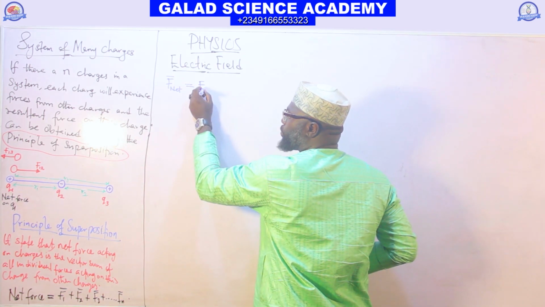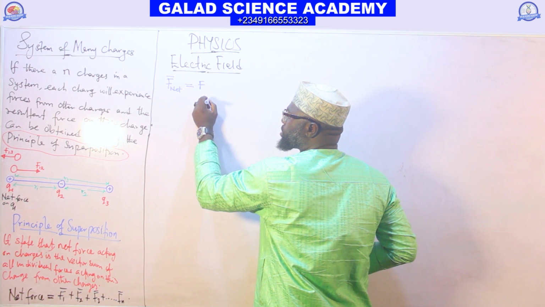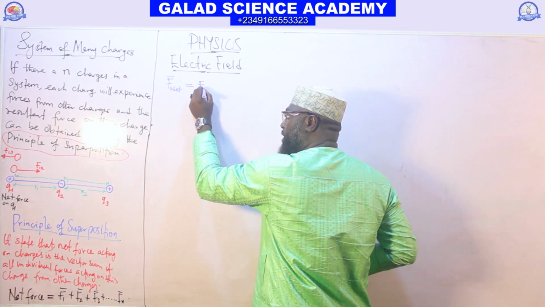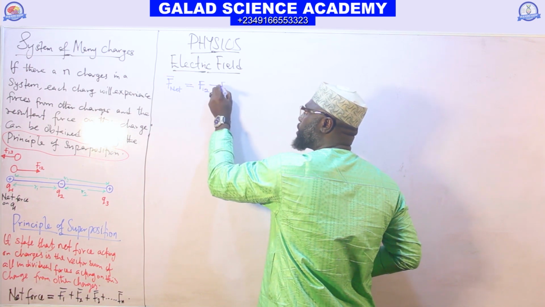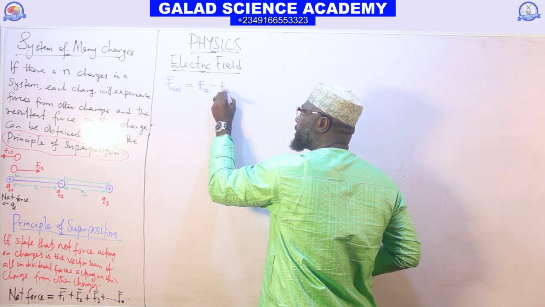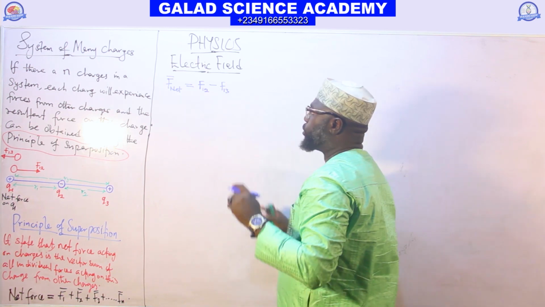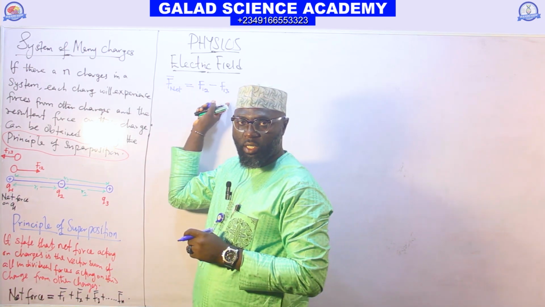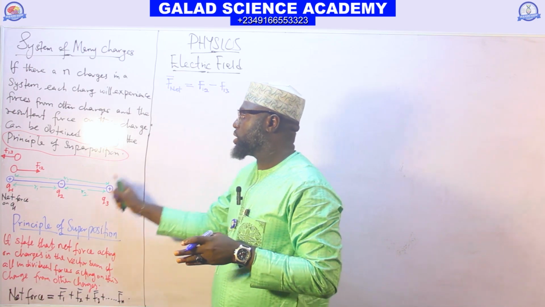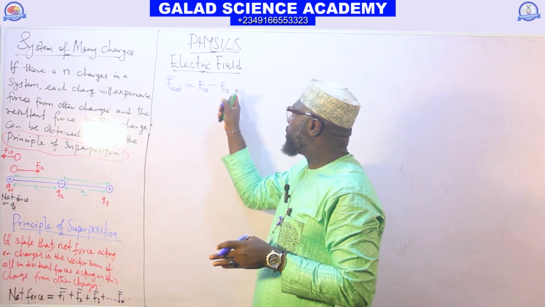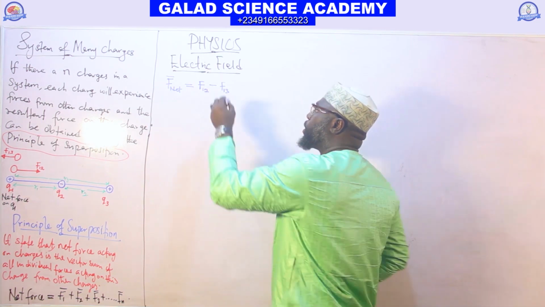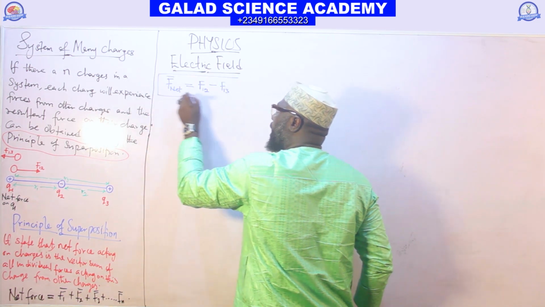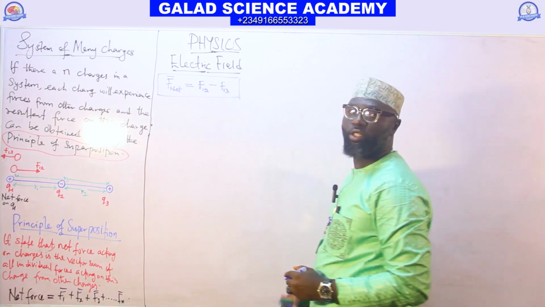Here we have F12 minus F13, but it depends on which of the two is the bigger force. If this one is more than this, you subtract this from this. This is what we call superposition.